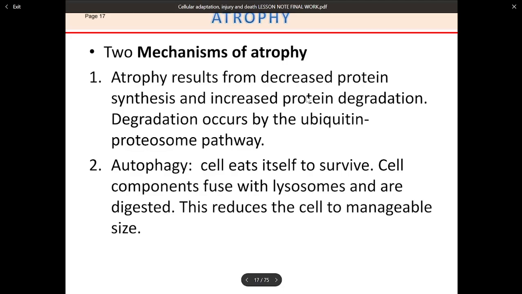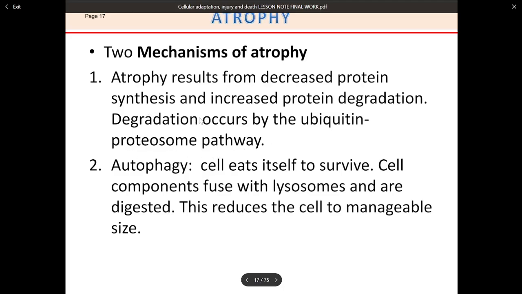Now there are two mechanisms of atrophy. Number one is that atrophy results from decreased protein synthesis and increased protein degradation. Degradation occurs by the ubiquitin proteasome pathway.